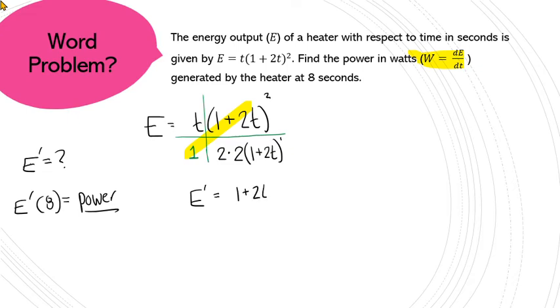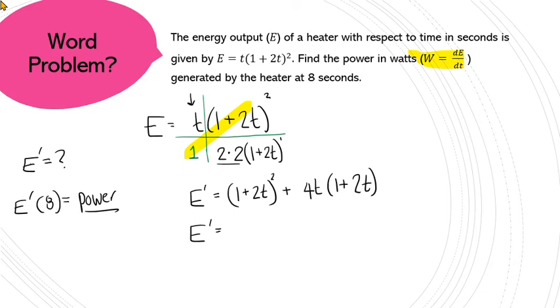Okay. E prime is equal to 1 times 1 plus 2t squared, which is simply 1 plus 2t squared, plus, let's say, 4t times 1 plus 2t. Now, even though the question is really just asking you about power at 8 seconds, and you could just sub in the 8 right now, this is a great question for simplifying because it's not a pain to do it.